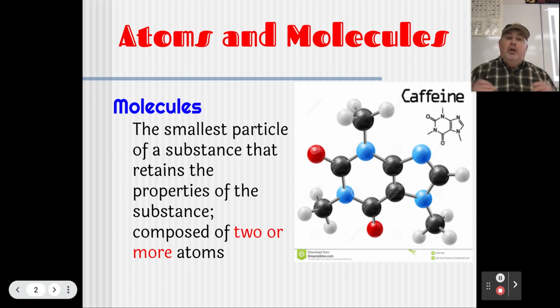So one of the terms that, again, I'll introduce here that's on your sheets is molecules. Molecules are the smallest particles of substances, retaining those properties, and it's usually two or more atoms involved there. So the diagram that I have below there is of caffeine.